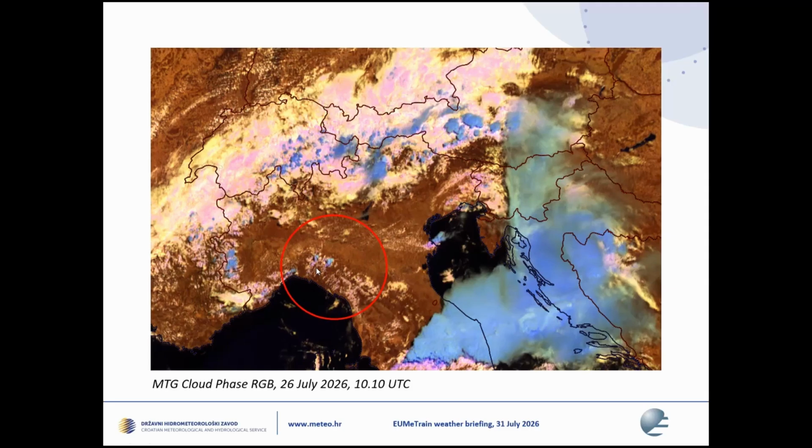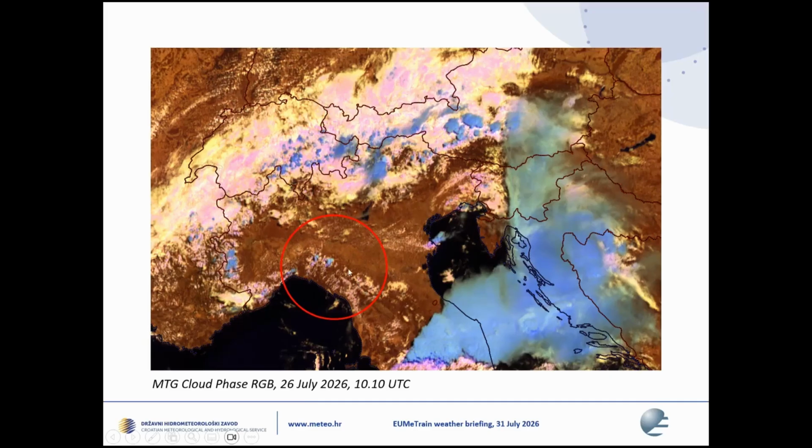So first we have water clouds, and they are growing, and droplets become smaller, and that's why we have the yellow color. And when they turn to light blue, then droplets are turning to small ice crystals, and if they grew even more in the atmosphere, they will grow into larger ice particles. And that's how we can recognize convective development on the cloud phase RGB.